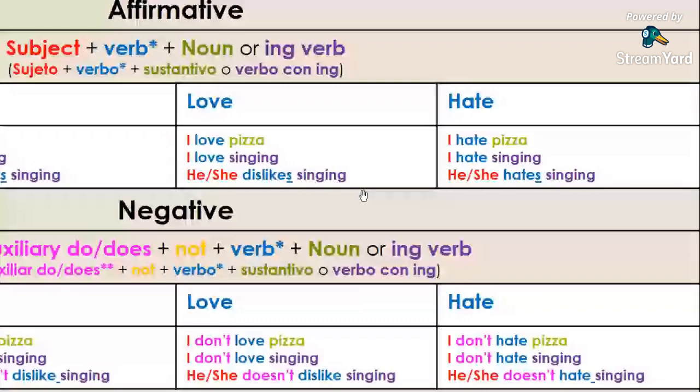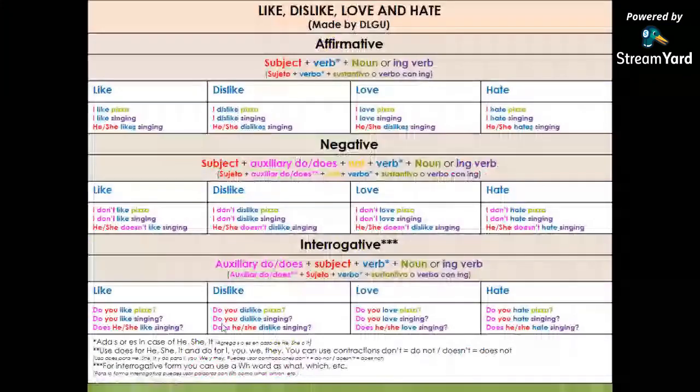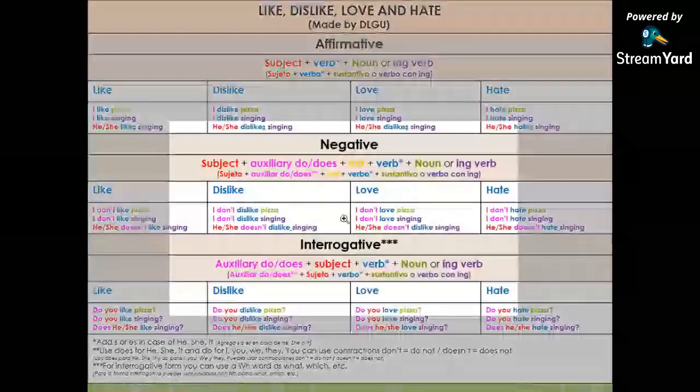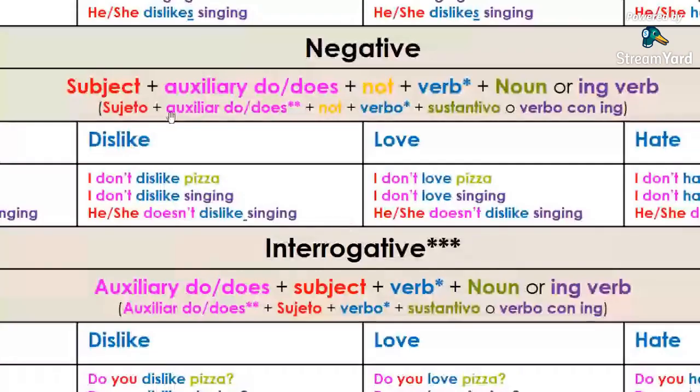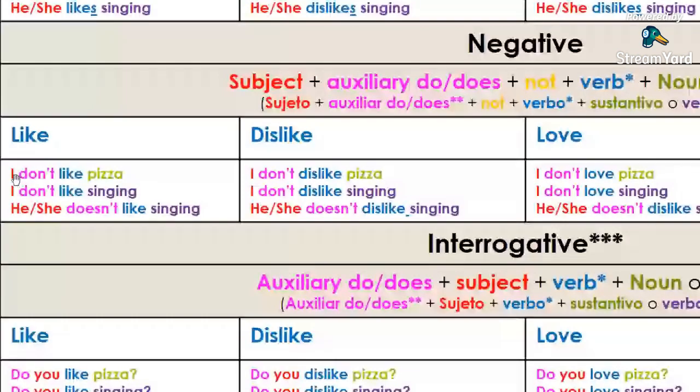Okay, so for the negative form, we use the subject, the auxiliary do or does, not, the verb, and the noun or ing verb. For example, the subject I, don't, the auxiliary, and this is the short form, the contraction.